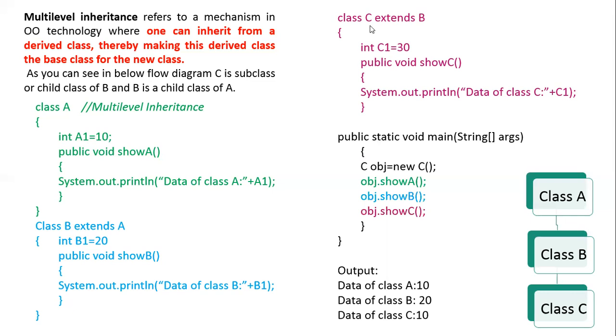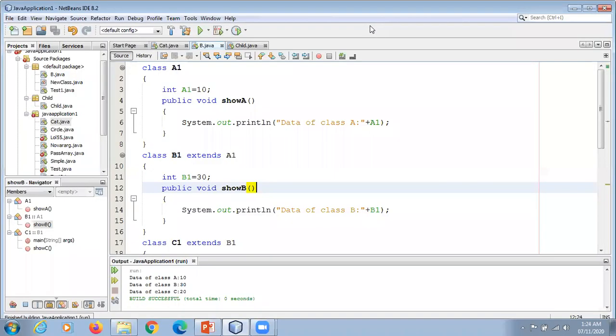So let me show one program for this as an example. Here we can see the same example. Class A has its own variable and method. Then class B extends class A, has its own variable and its own method, and inherits the variable and method of class A also.